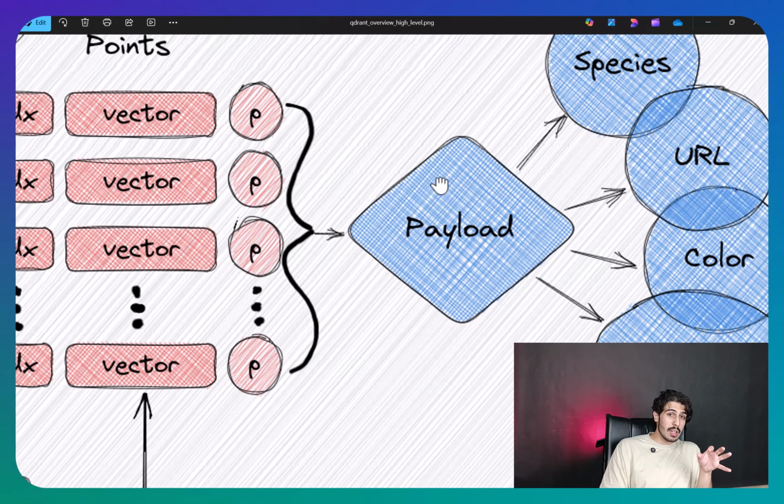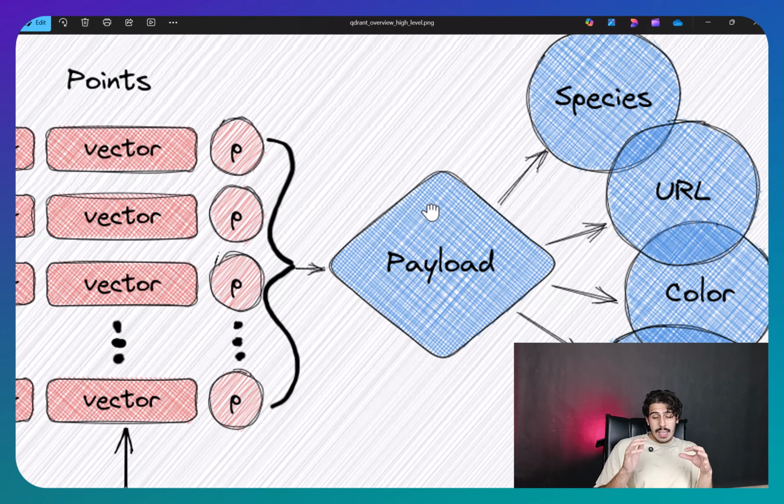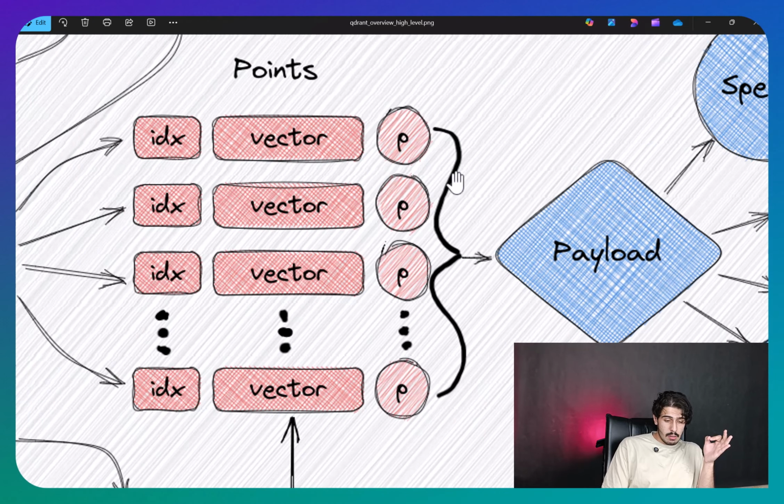What is a payload? In payloads, we can save a JSON that contains our additional information. Let me give you an example. Imagine you're a software engineer at Spotify or Apple Music. You want to save music as vectors in Qdrant. What should we do? Well, of course, we can easily give a unique ID to that and save the vectors.